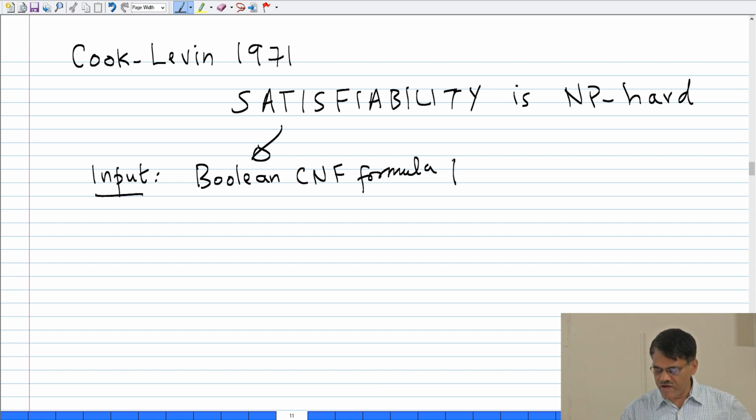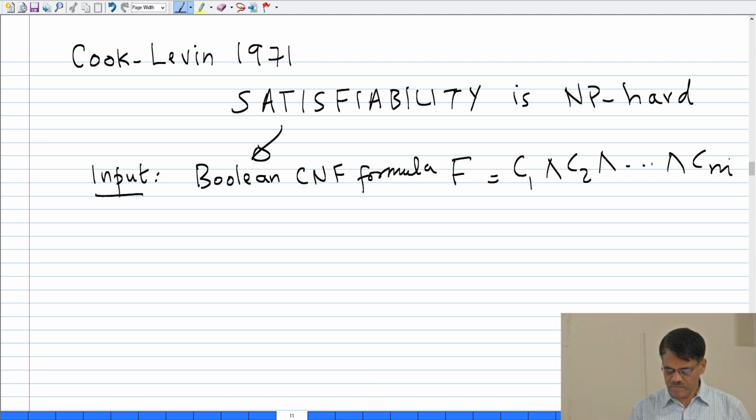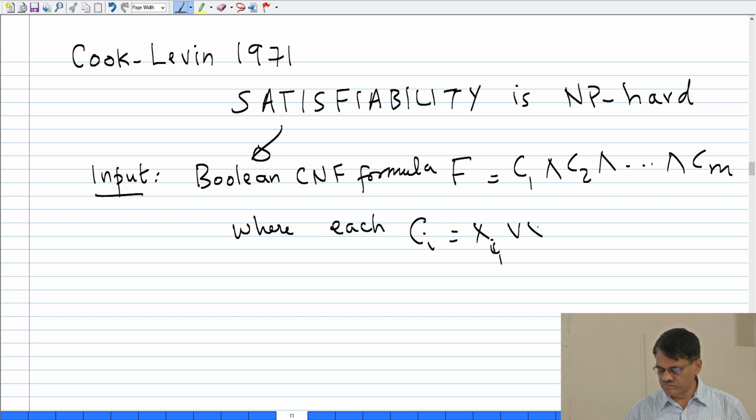A Boolean formula F, which is a conjunction of some clauses C1 through Cm, where each Ci is an OR of literals, maybe with some bars.